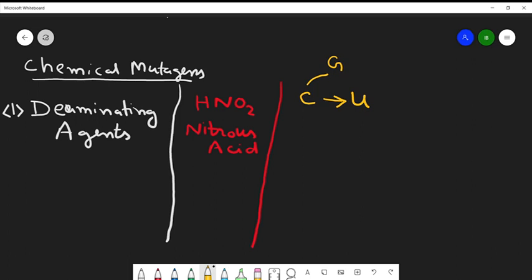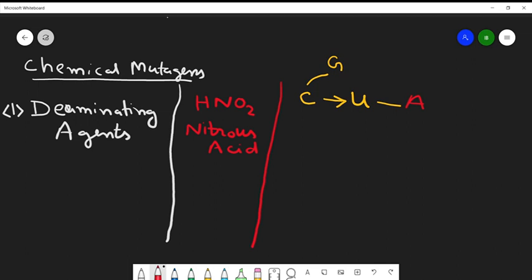This uracil base pairs with adenine. So instead of base pairing with the guanine, it now base pairs with the adenine. So what will that result in? This results in the change of the bases. It results in the substitution of the bases.